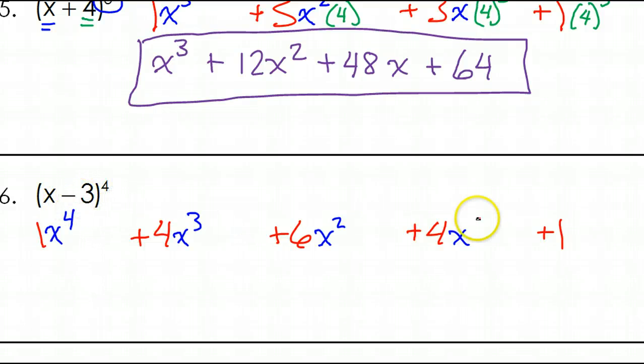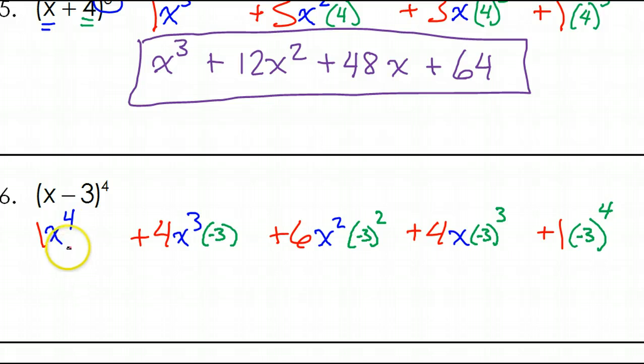Negative 3 is on the right, so I'm going to start off with negative 3 to the 4th power on the right. As I go to the left, I decrease the exponent. So I'll have negative 3 to the 3rd power, and negative 3 squared, and then just negative 3, and then no negative 3's on the first term.